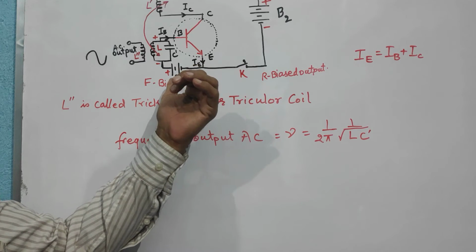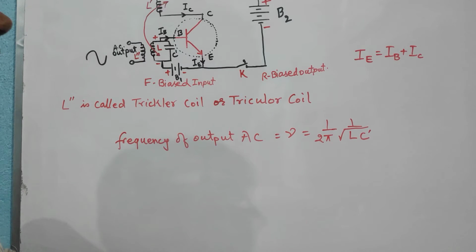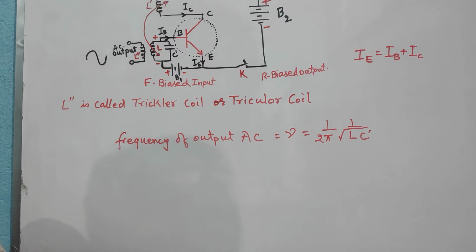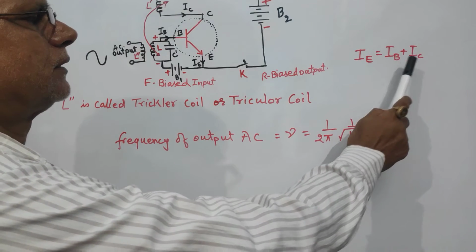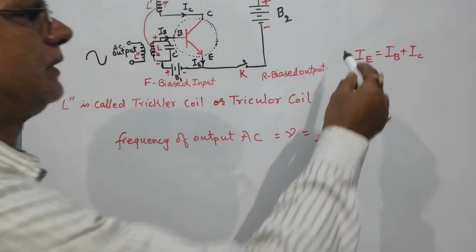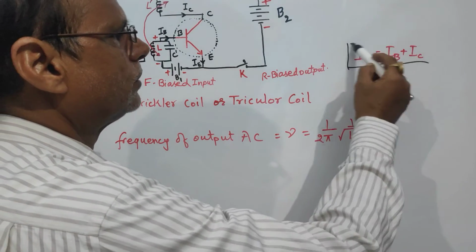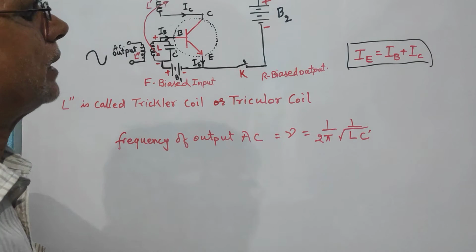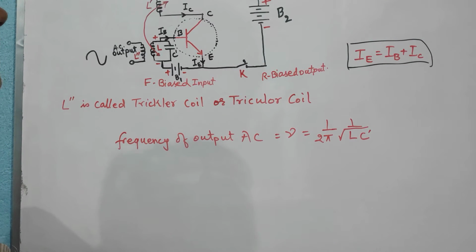As a result the emitter current increases, and the moment the emitter current increases, the collector current will also increase, because the emitter current is equal to the sum of base current and collector current. So the collector current increases further.